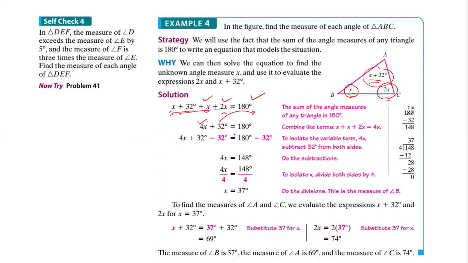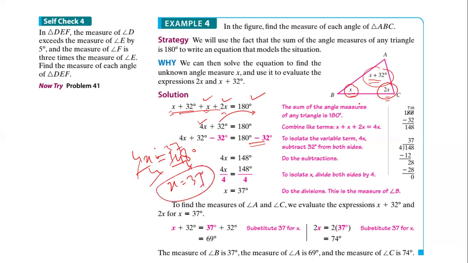So shifting this over there. In simple words, subtracting 32 from both sides, you will have 4x equals, by subtracting 32 from 180, 148 degrees. Dividing by 4, x is equal to 37 degrees.